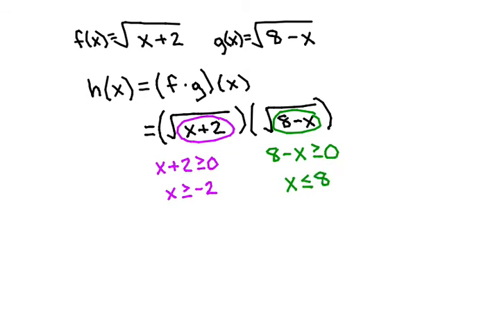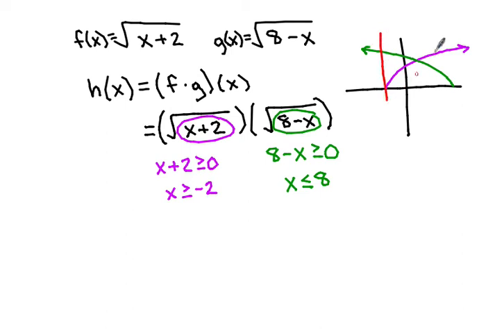Okay? And so let's also look at this graphically real quick so we see what's going on. I know that this is a square root function shifted 2 units, going in that direction, and I know that this one is shifted 8 units, going in that direction. And so if we see visually what our overlapping region looks like, it's between these 2 points. And so I want that as my domain.